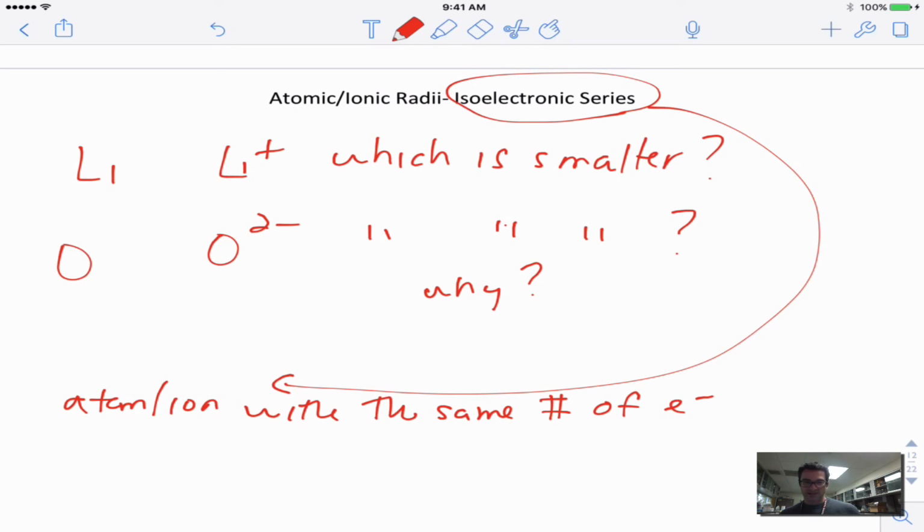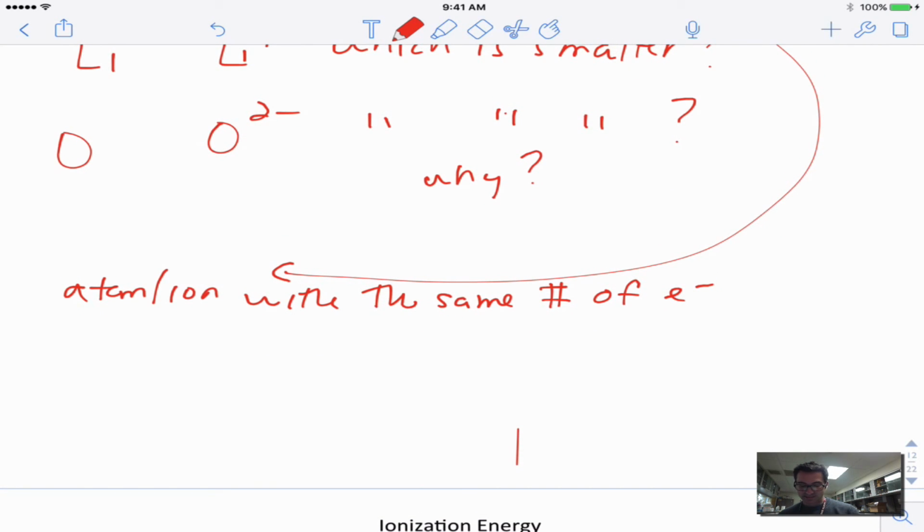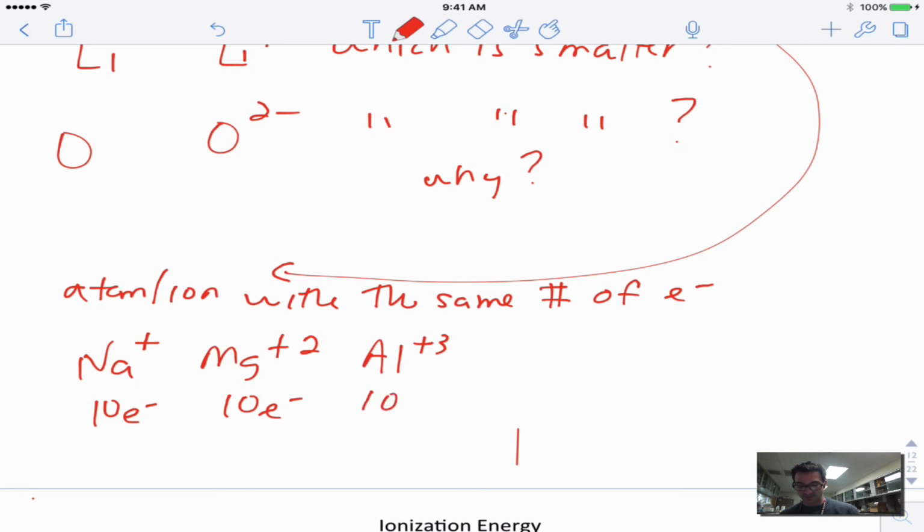And so when I look at an isoelectronic series, it will look like this. It'll be sodium plus. That has 10 electrons. Then I could have something like magnesium plus 2. That'll have 10 electrons. Aluminum plus 3. That'll have 10 electrons.